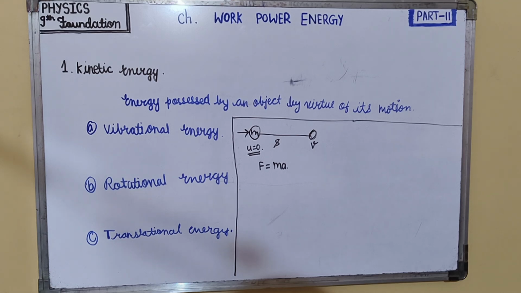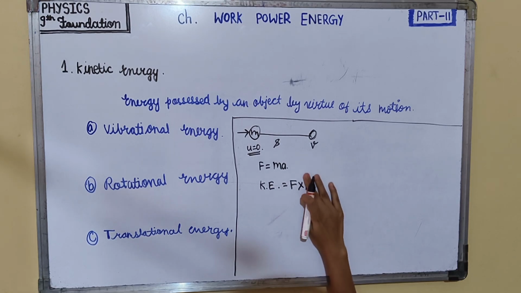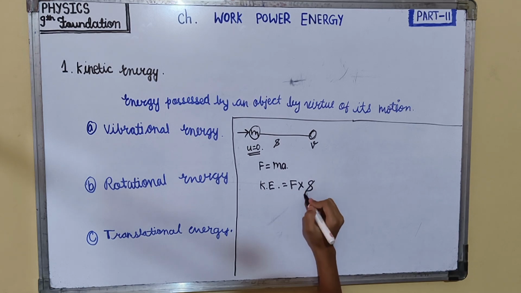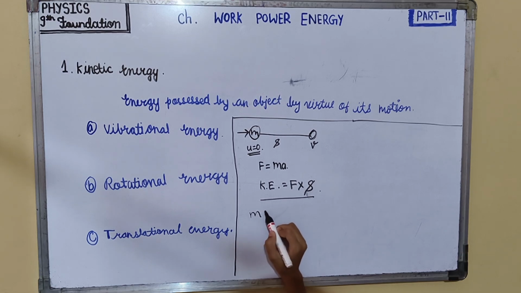In this case, kinetic energy is measured by the amount of work done by the force to acquire the velocity. So kinetic energy is equal to force into displacement. Force is ma and displacement is s.